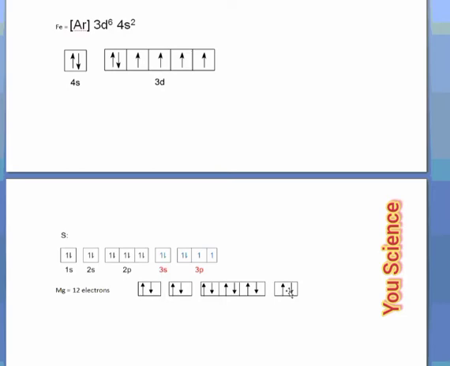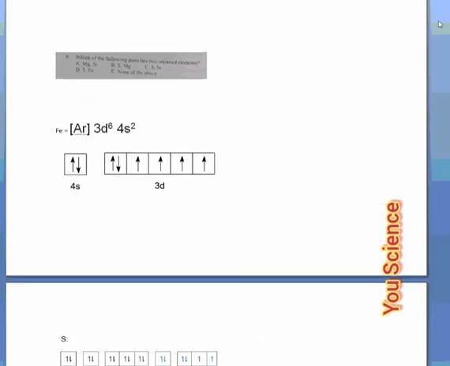So magnesium has no unpaired electrons. So that means option A is ruled out.